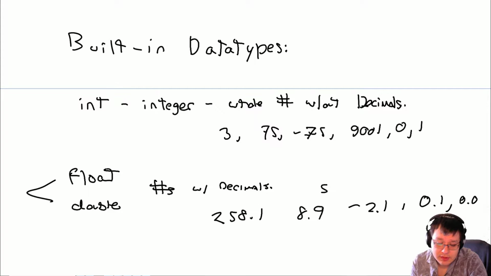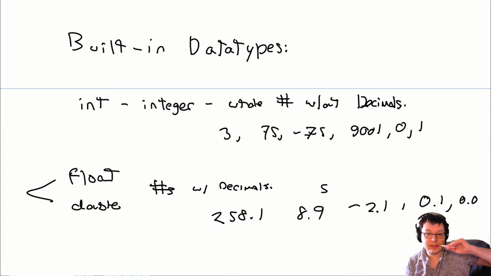Now, what's the big difference between them if they both can do that? This gets a little bit into upper level 218, 219 tier of classes, but if you think about what is the value of pi, everybody knows the value of pi is like 3.141592 or something. It's an irrational number, right? It actually goes on forever. It has an infinite number of digits.